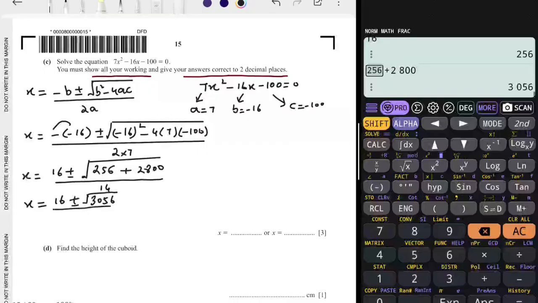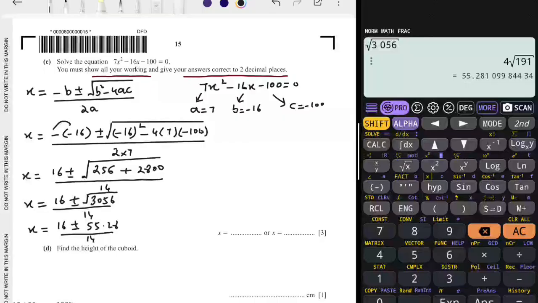We have to take the root of 3056, and let me take it again, under root 3056, it would be 55.28. So x is equal to 16 plus minus 55.28 divided by 14. So we have to take two values of x from this expression.